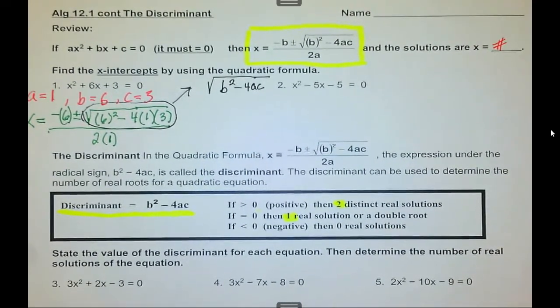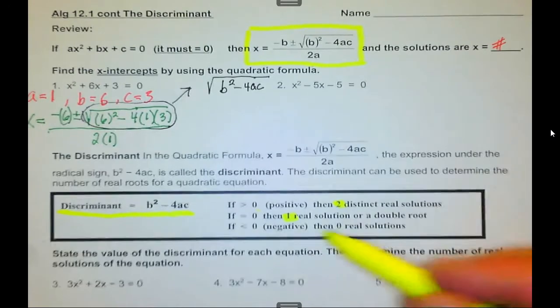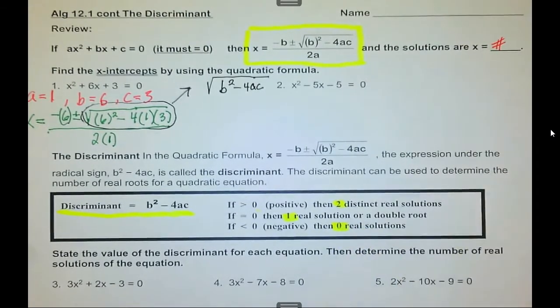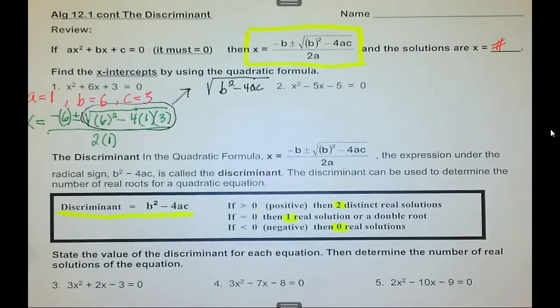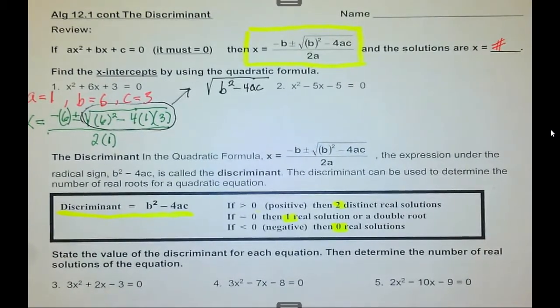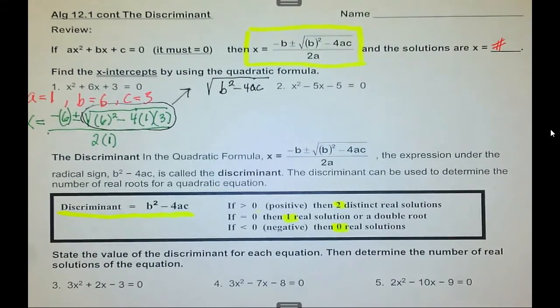And if it comes up negative, then I have 0 solutions because I can't take the square root of a negative number yet. And I say yet because in Algebra 2, you're going to learn how to do it.